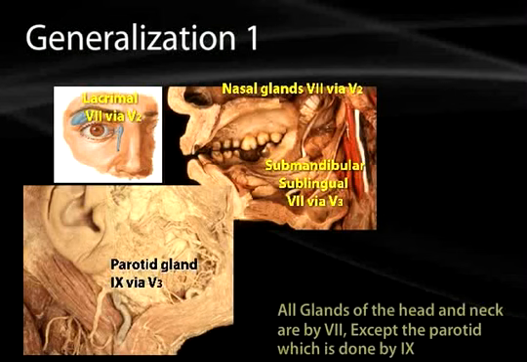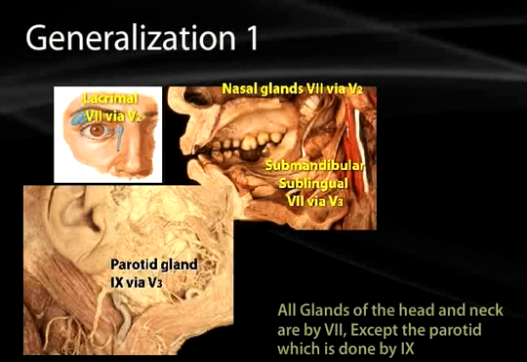If we get into the submandibular and sublingual glands, though, these are also innervated by cranial nerve 7, but they're coming in through the chorda tympani branch on V3. So you can see glands below the corner of the mouth are done by the chorda tympani branch, and glands above the corner of the mouth are done by greater petrosal branches.